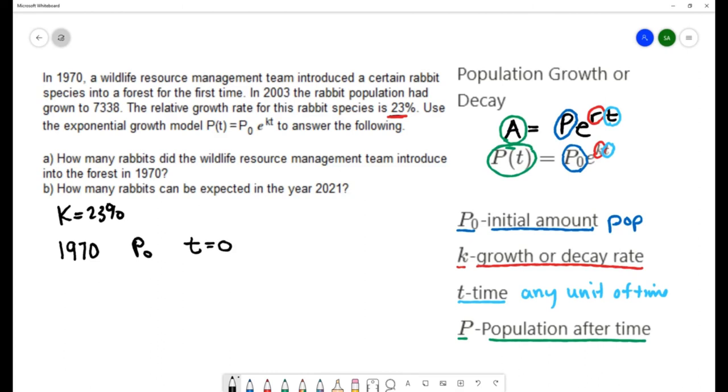That's the beginning or the initial time. And then in 2003, the population was recorded to be 7,338. So that's going to be 33 years after 1970. We can do that with subtraction. 2003 minus 1970 gives me 33 years later.